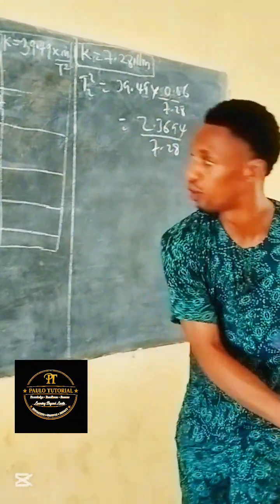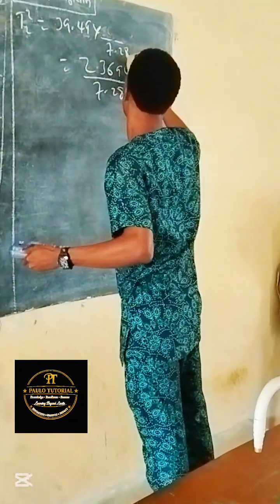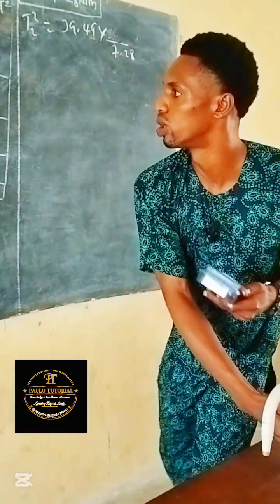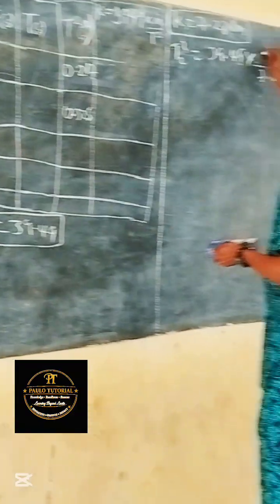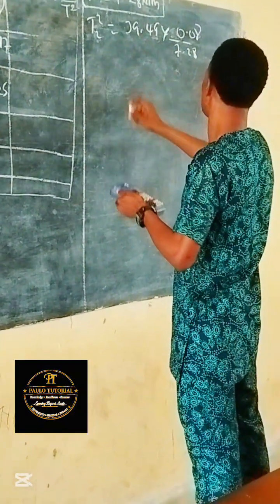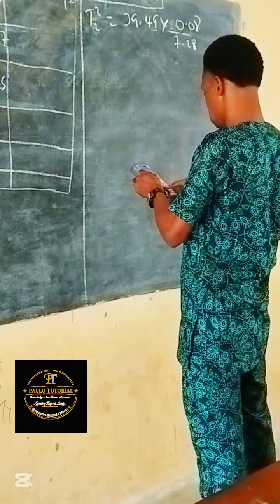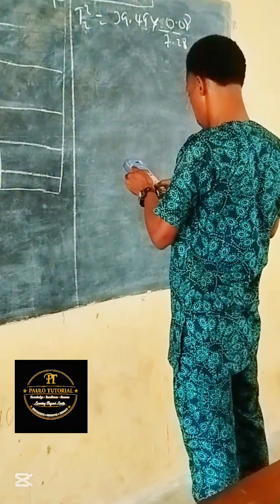Now I also do it for the other one, when the mass in kilogram is 0.08. I'll multiply the two: 39.49 times 0.08.